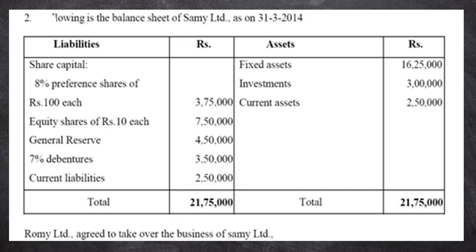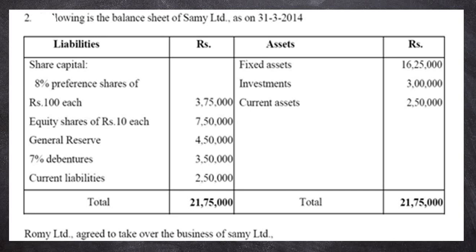The net asset method is the excess of the value of assets taken over by the purchasing company over the value of liabilities taken over. I have already told you the formula: purchase consideration is equal to assets taken over minus liabilities taken over.